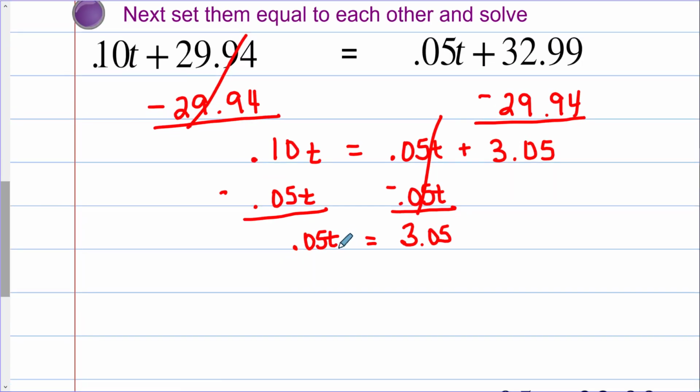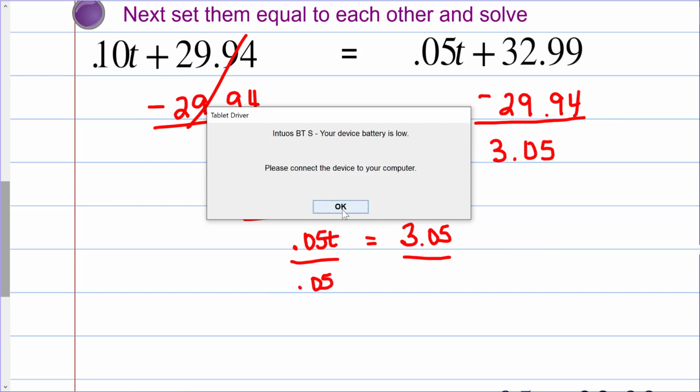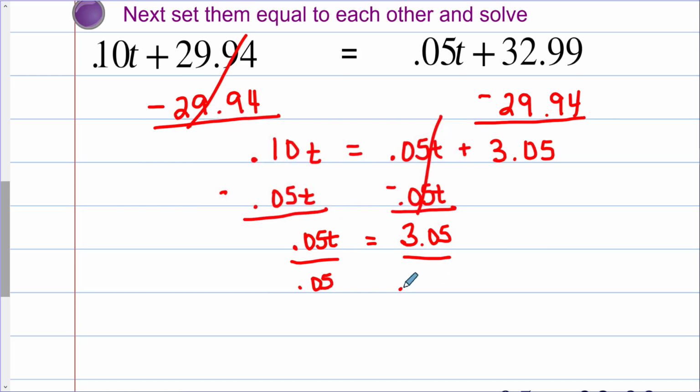Continue because we haven't solved for t. And we're going to divide by 0.05 on both sides. When I divide on both sides, I get 0.05 divided by 0.05 is 1t.